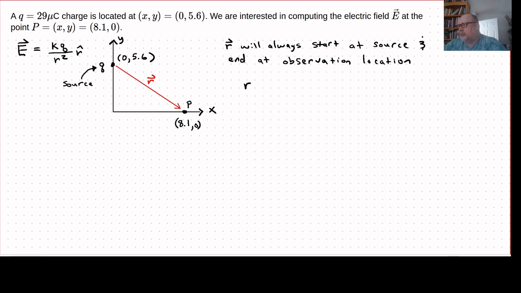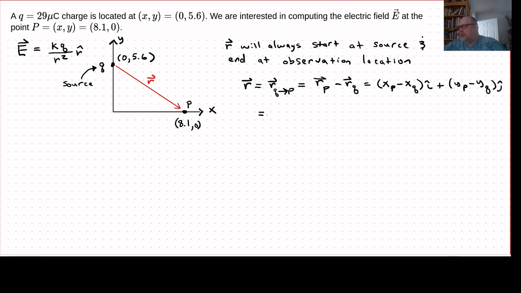So here, our r vector, which I can put a subscript on to remind me, is the r vector that starts at point Q and goes towards point P. I can write that as the position vector at P minus the position vector at Q. That's the same as the x-coordinate at P minus the x-coordinate of the charge, times i hat, plus the same thing for j hat.